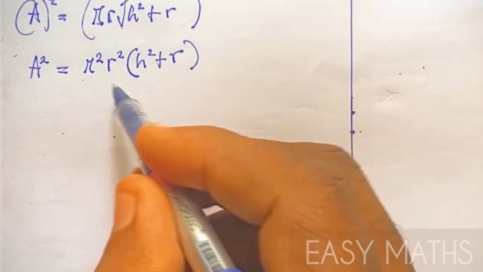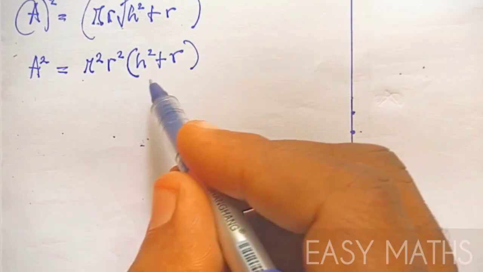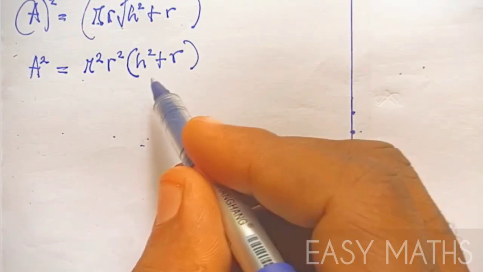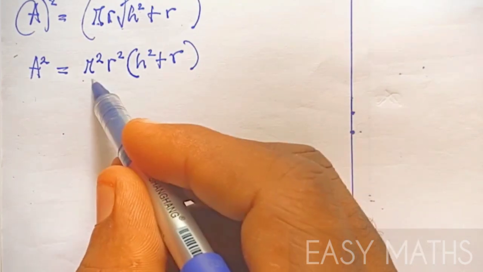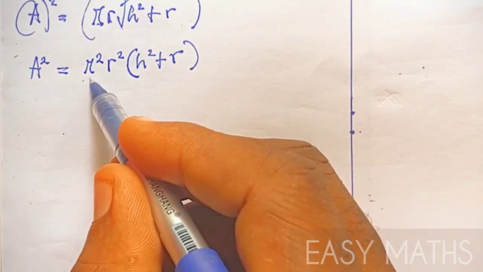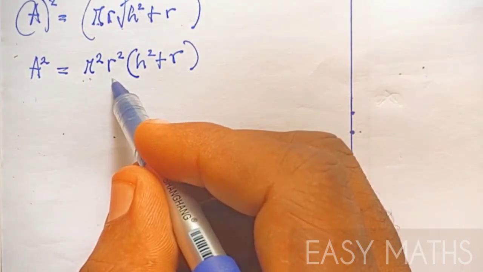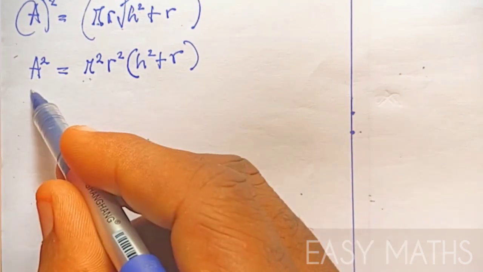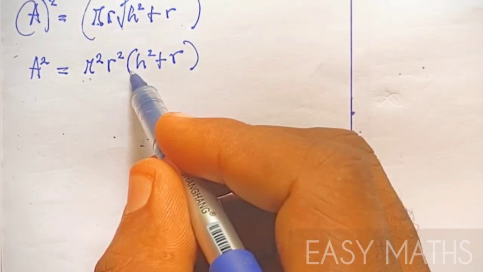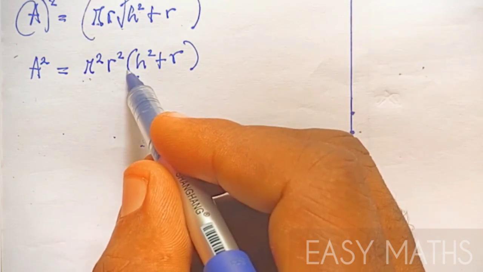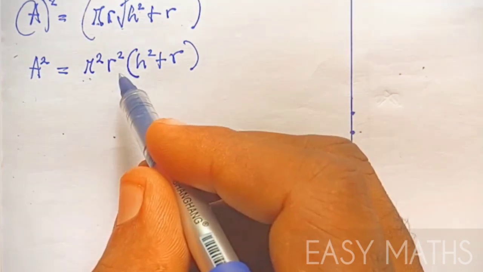Okay, there are two methods from here, so let's see whether we can choose one method. First of all, we want to see how we can eliminate this pi squared r squared from here to the other side. And how do we do that? Since these both are multiplying this, we are going to apply the inverse of multiplication, which is division.